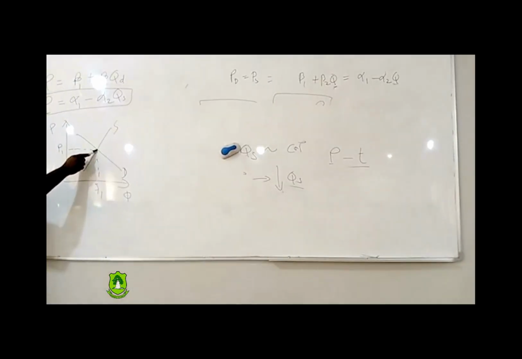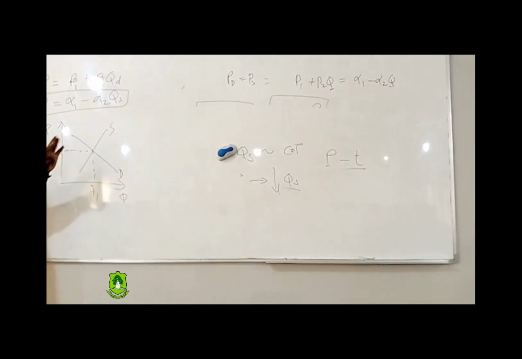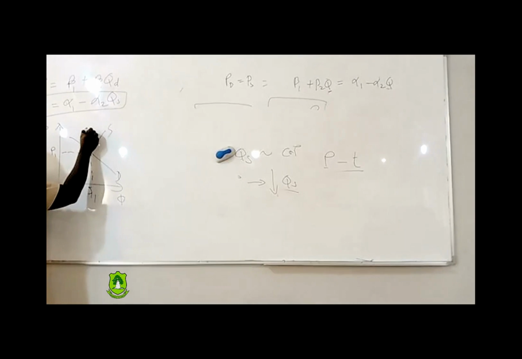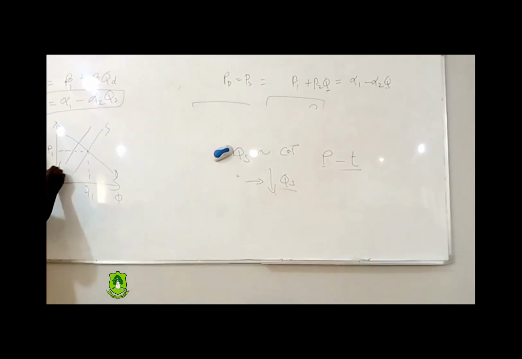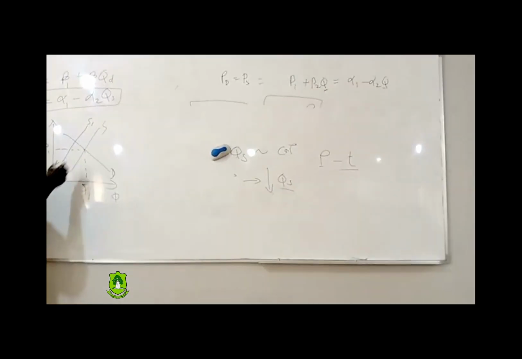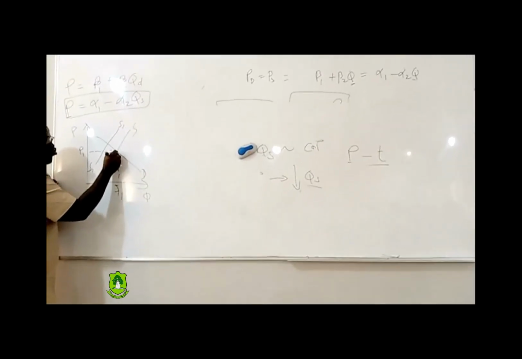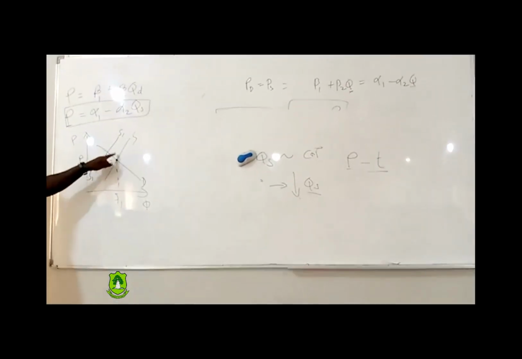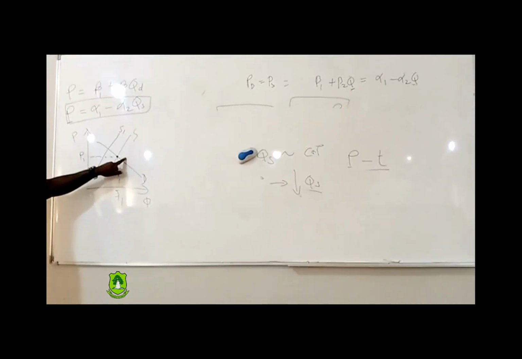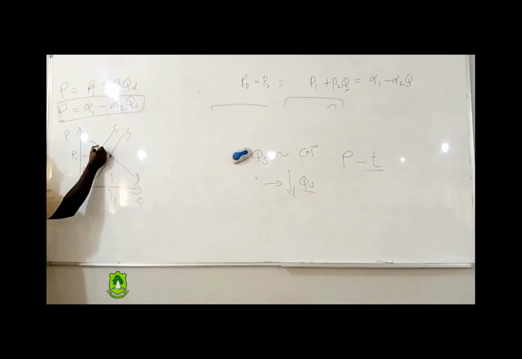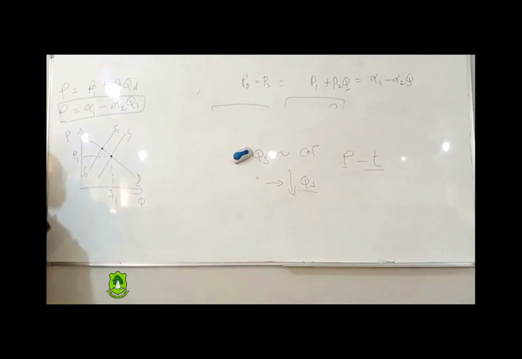So here, will the supply curve shift to the left or right? Excellent. Because supply will reduce, it will shift to the left. So this is the new supply curve. Remember, this was where demand was, and this was where supply was. Demand is not shifting, so it is still here. But supply has shifted.